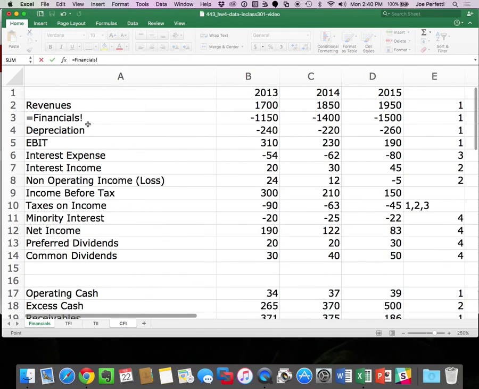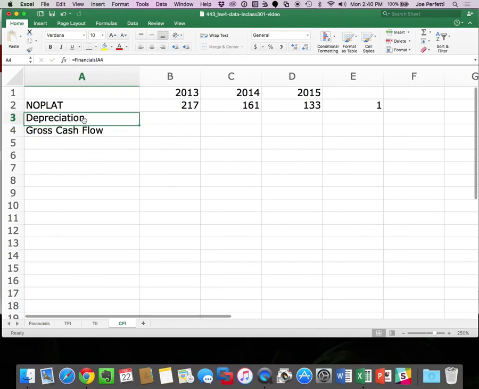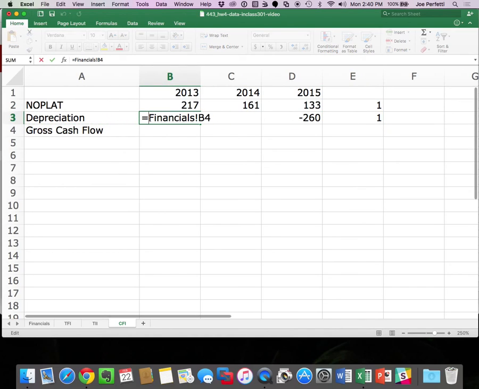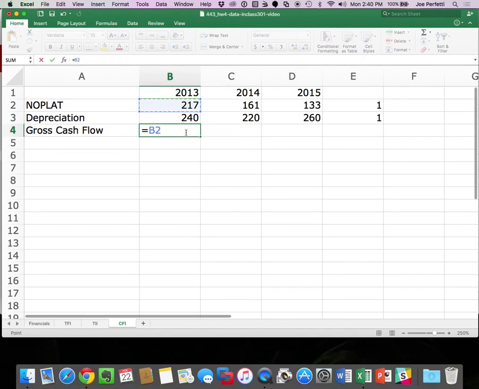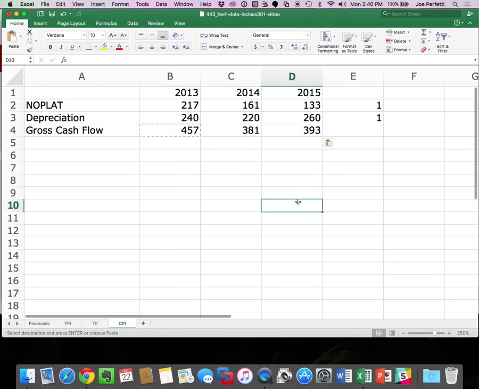Now, depreciation is here, and I'm going to be adding my depreciation, so I have to make it a positive number if I'm going to be adding it back.